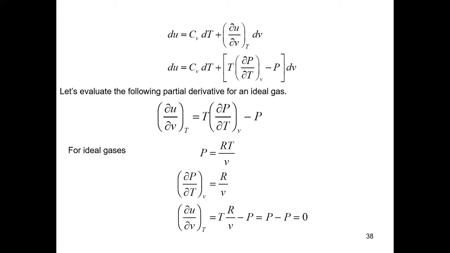So ∂U/∂V at constant temperature is T times ∂P/∂T at constant volume minus P. P is equal to RT/V, hence ∂P/∂T at constant volume is R/V. We plug it in: T times R divided by V minus P, which is P minus P, is 0.